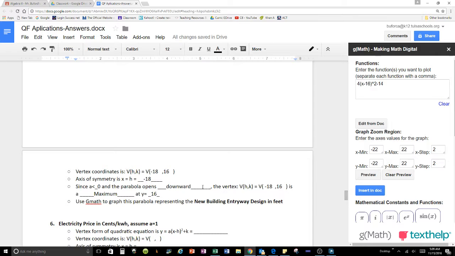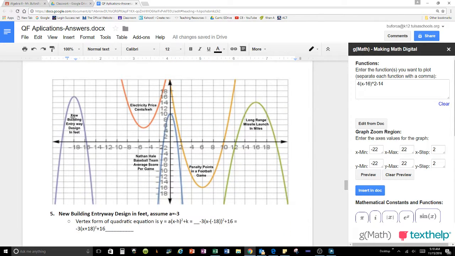Okay? Since a is less than 0, the parabola opens downward. The vertex h, k, which equals minus 18, 16, is a maximum at y equals 16. Go up here. You can see it is a maximum at y equals 16.